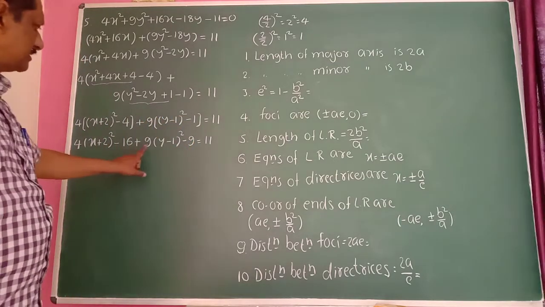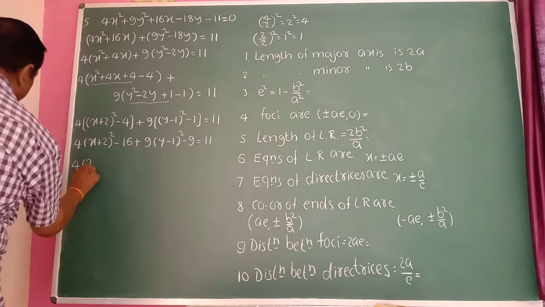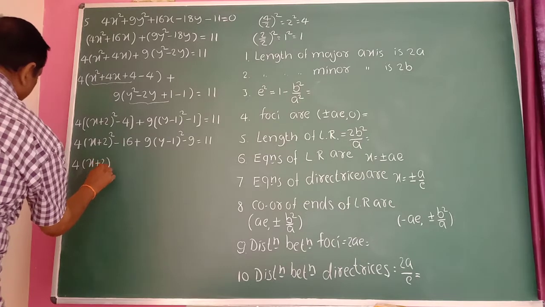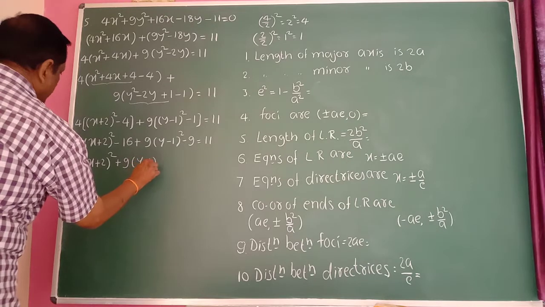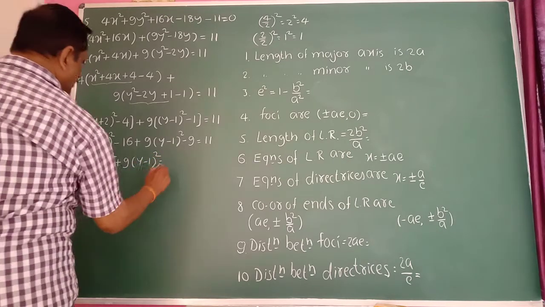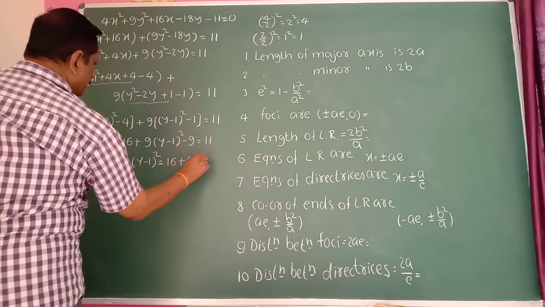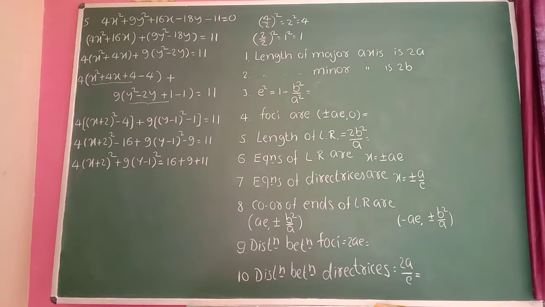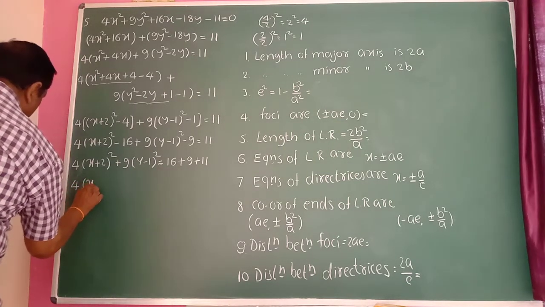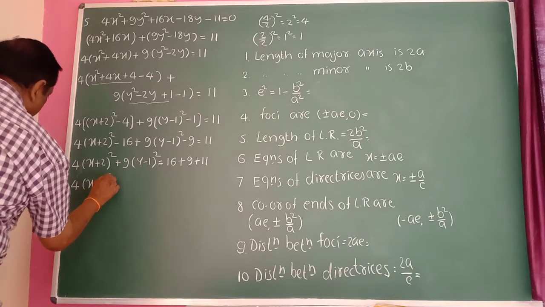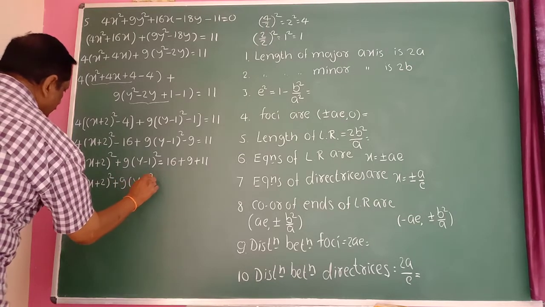Take minus 16 and minus 9 to the right side. So 4 into x plus 2 whole square plus 9 into y minus 1 whole square is equal to 16 plus 9 plus 11.